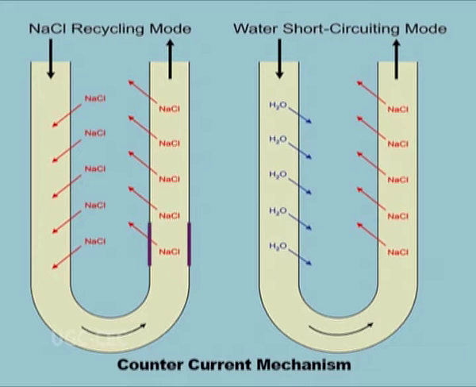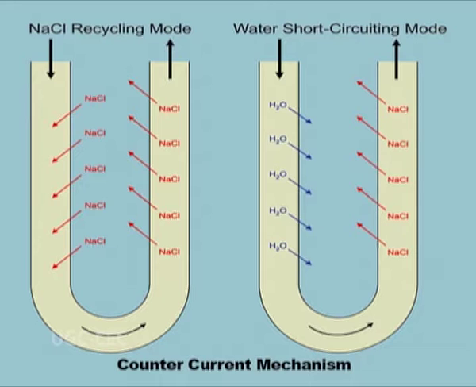Unlike the descending limb, the ascending limb of Henle is impermeable to water, a critical feature of the countercurrent exchange mechanism employed by the loop. In the ascending limb, the fluxes are reversed, so sodium is actively pumped out of the filtrate, generating the hypertonic interstitium that drives the countercurrent multiplier exchange along with the vasa recta.